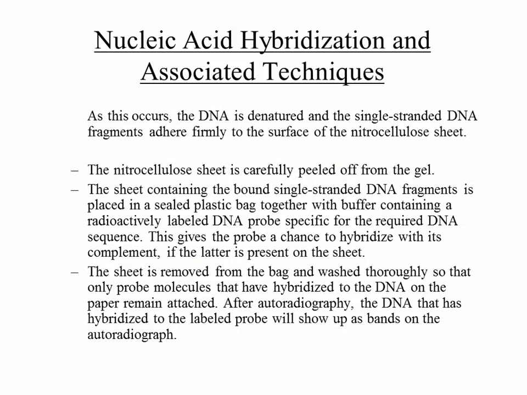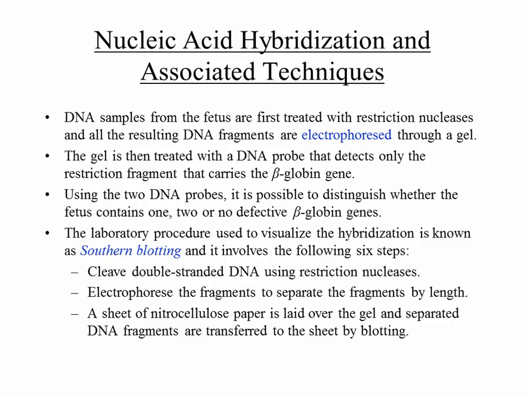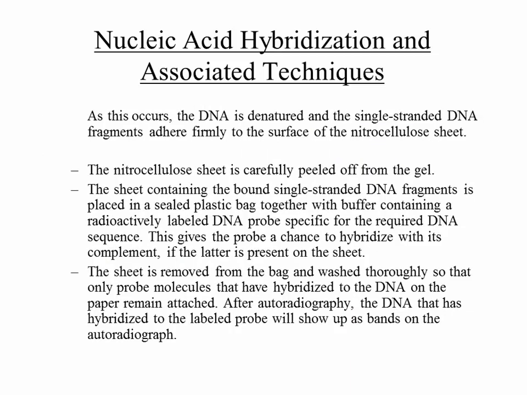Well, before that, as the DNA fragments are transferred onto the sheet, the DNA gets denatured. That means the double-stranded DNA becomes single-stranded, and the single-stranded fragments stick firmly to the surface of the nitrocellulose sheet. So now you peel off that sheet from that slab of agarose gel.